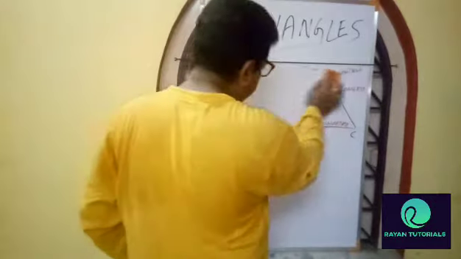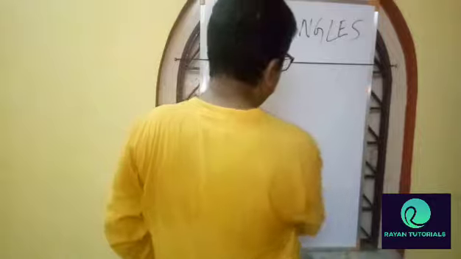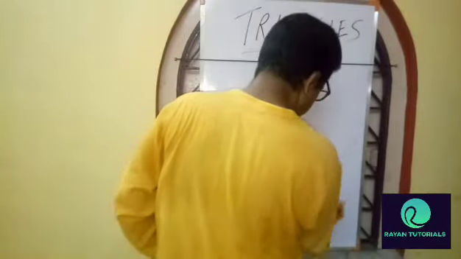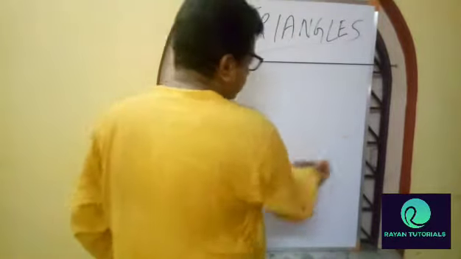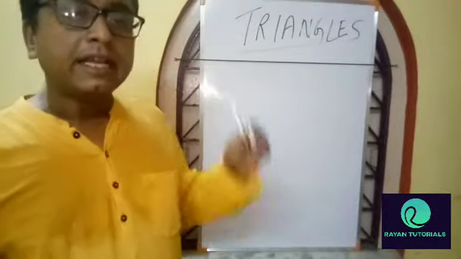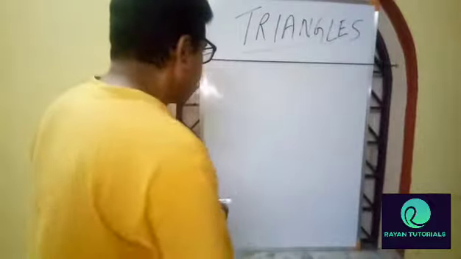And just one thing I would like to tell you: sometimes we come across the shortest distance or height, and we don't know which one is the height. In the sums also they don't directly tell us. Always remember one thing.